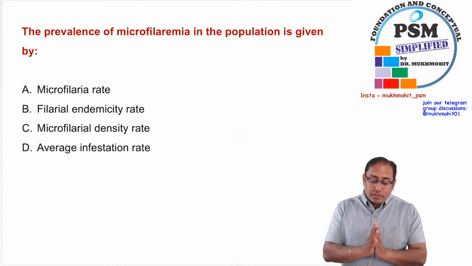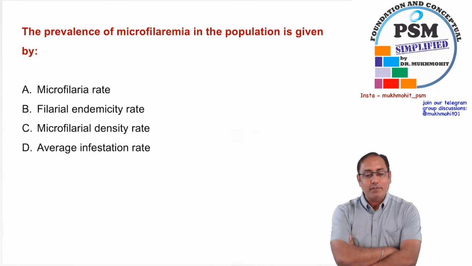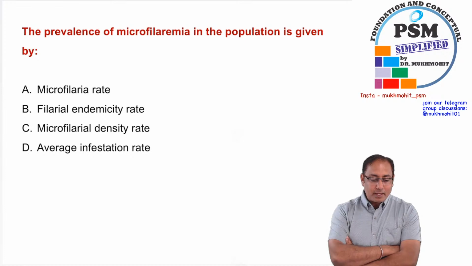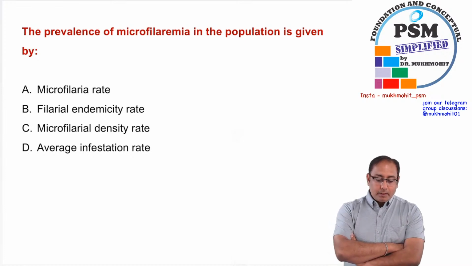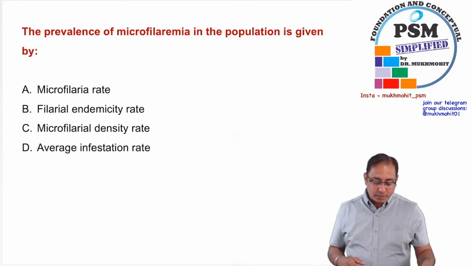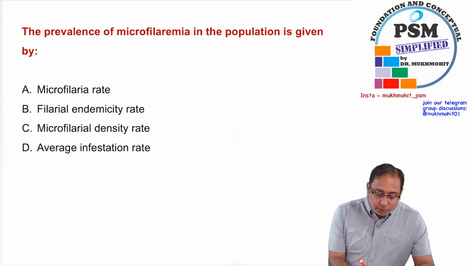Coming to the next one, prevalence of microfilariasis in the population is given by. Again, a question on lymphatic filariasis. What do you think is the best answer? The prevalence of microfilariasis in the population is given by. Is given by microfilaria rate.